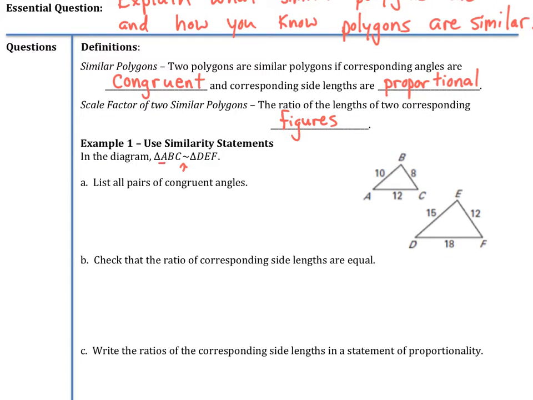The A comes first and so does D. That means that angle A is congruent to angle D because they're in the same spot in the order of the writing. Angle B comes second and angle E comes second, so angle B is congruent to angle E. And lastly, angle C and angle F are congruent.